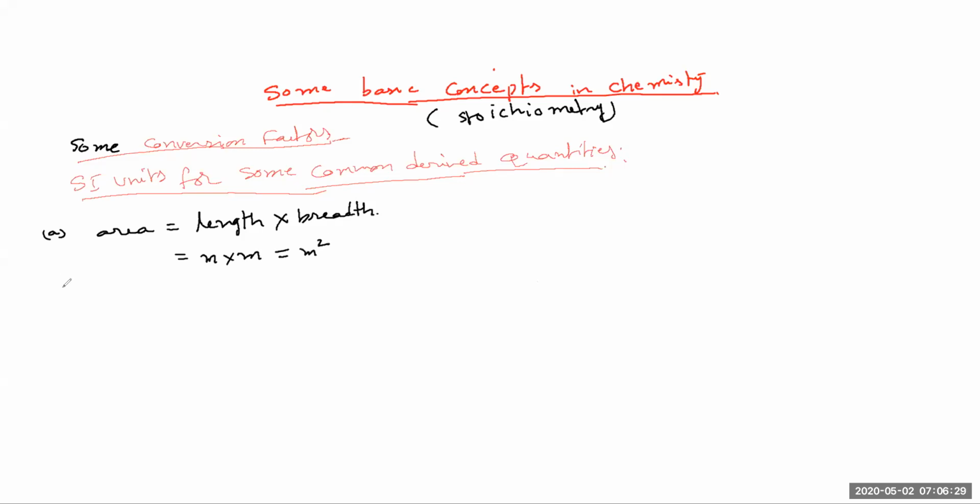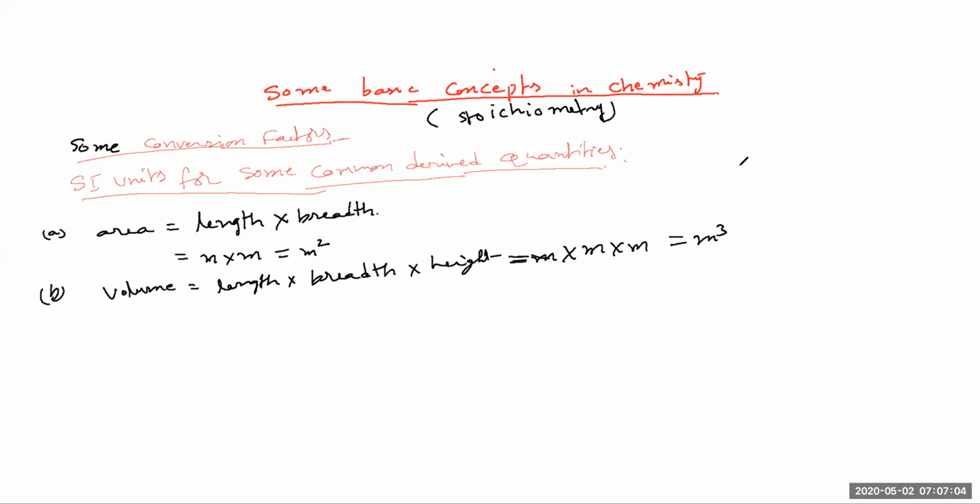Next, volume. Volume is length into breadth into height. So that is also meter into meter into meter, that is meter cube. Okay.